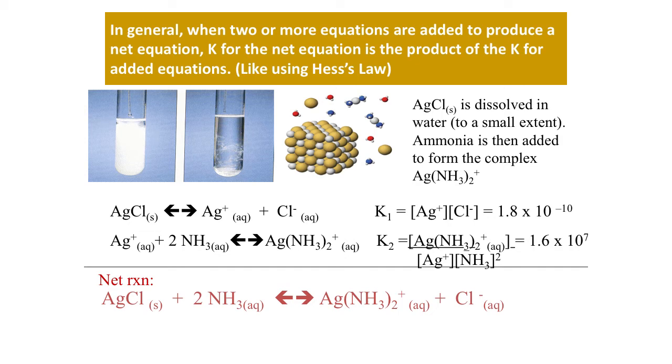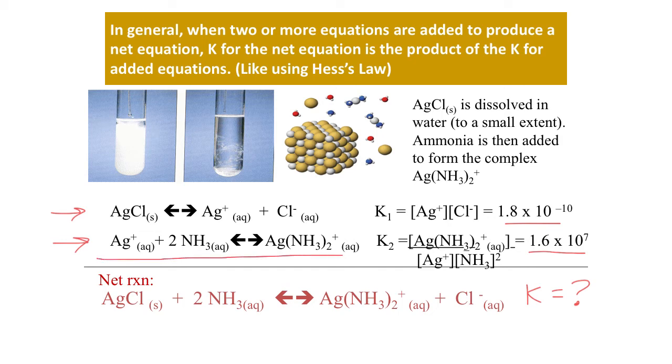We are given 2 reactions here, and they give us their K values. And then we are looking at our net reaction, and we're trying to find the K for the net reaction. Now, this example is fairly straightforward because we don't have to double or reverse any of the reactions we've already been given.